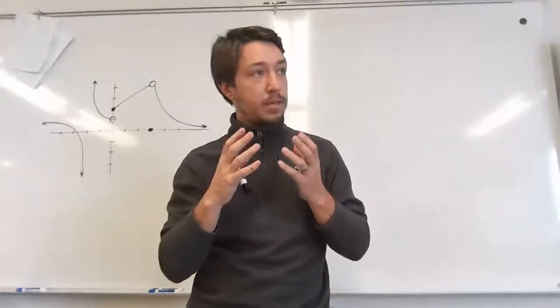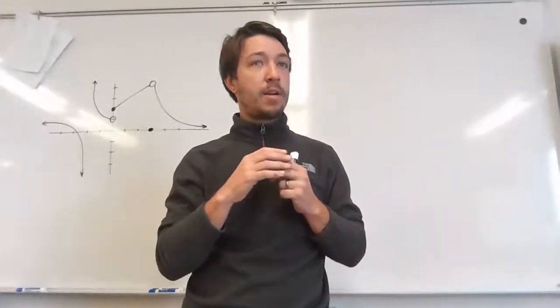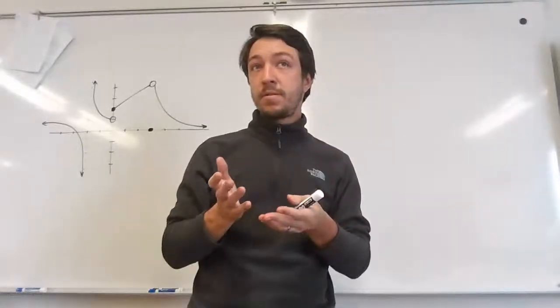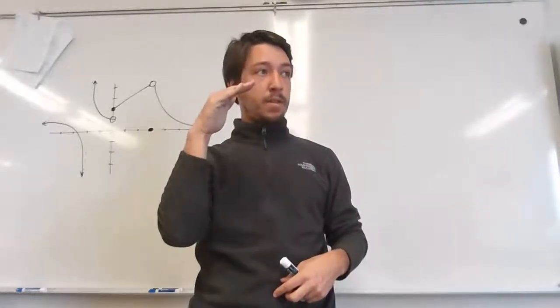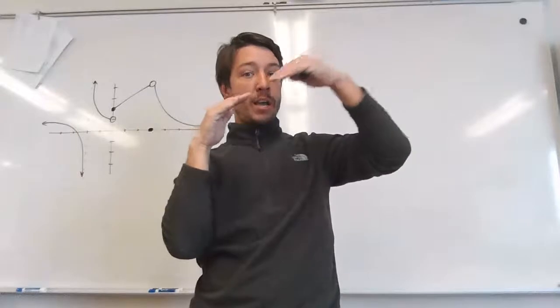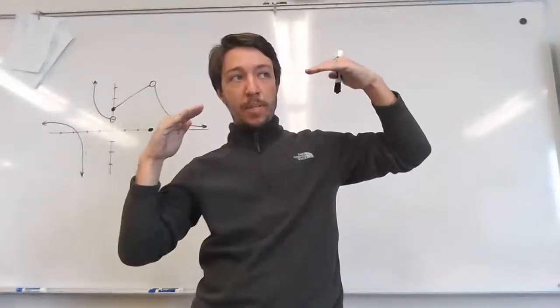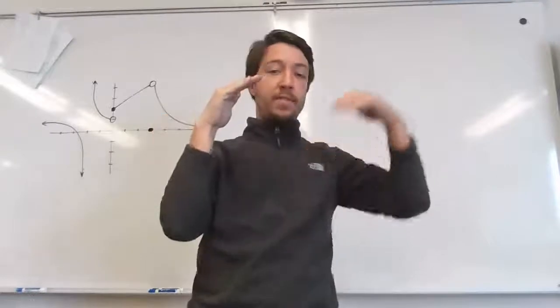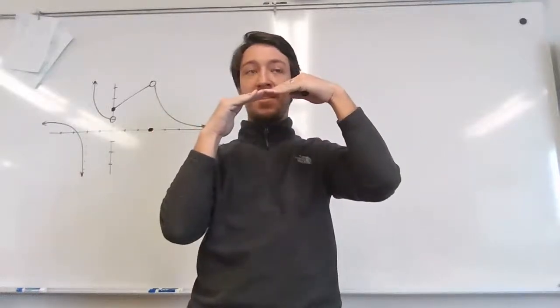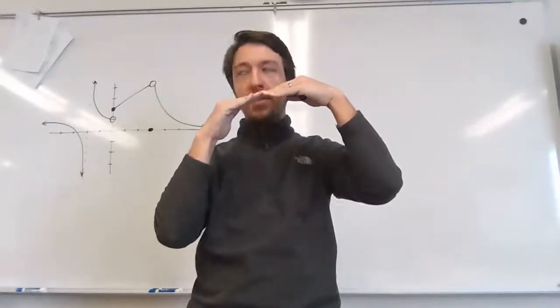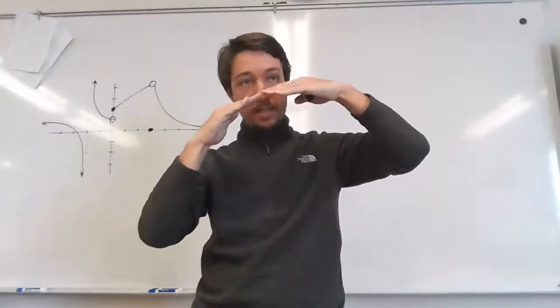When you're looking at a limit, a lot of times you're asking for the limit from the left or from the right. Now, if they're approaching the same value from the left and from the right, does the limit exist? Yes, the limit would exist in this case.